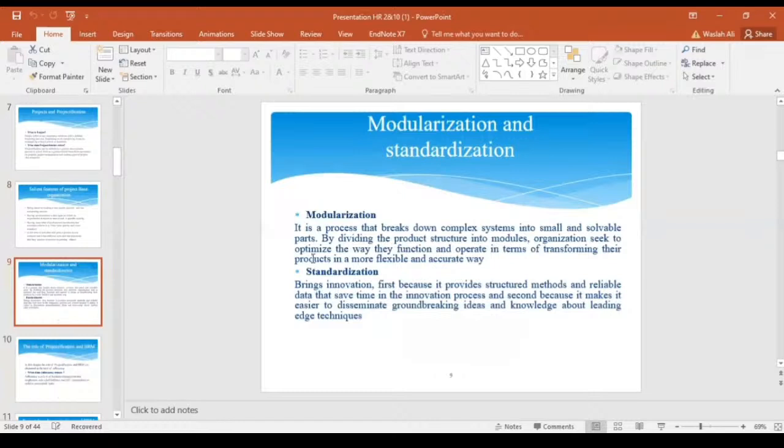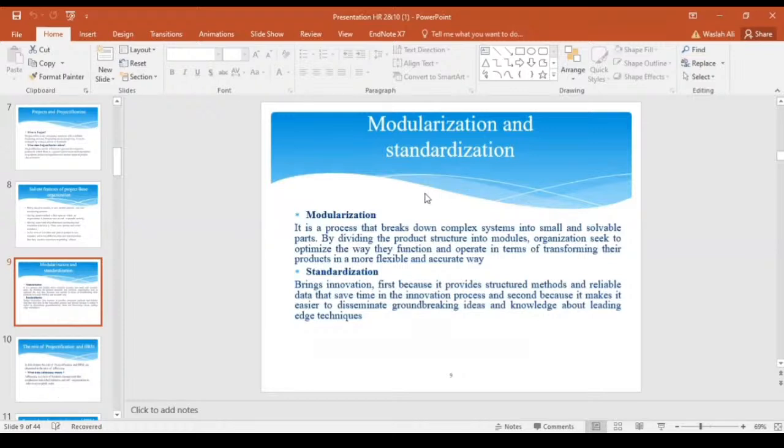Moving forward, these are the two measures which are used to resolve the complex problem.